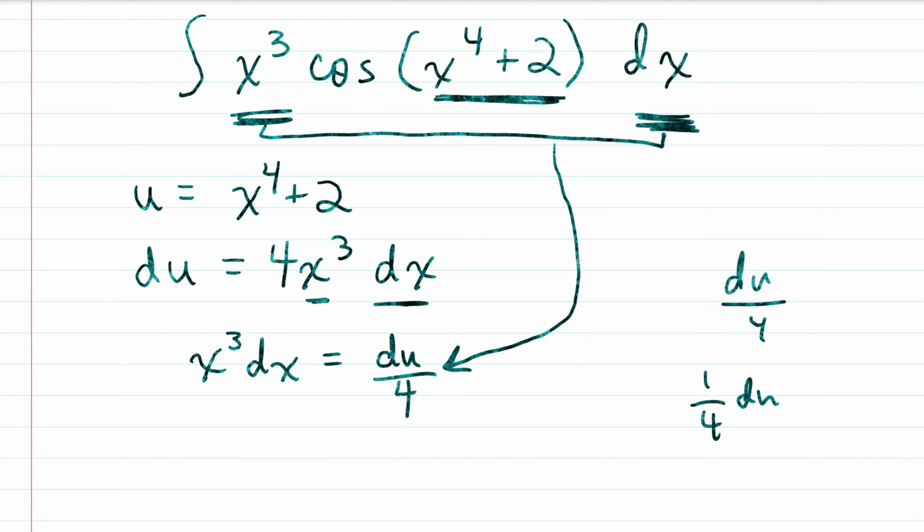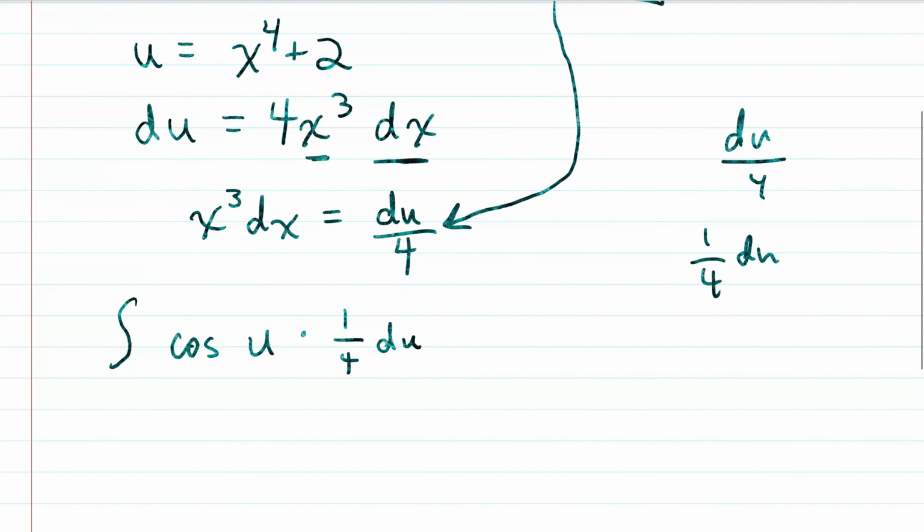So now I'm going to rewrite that original problem as the cosine, and I'm not using x to the fourth plus 2, I'm using u. And I'm going to multiply it times 1/4 du, because we have the x to the third dx there, and I can just put that together.